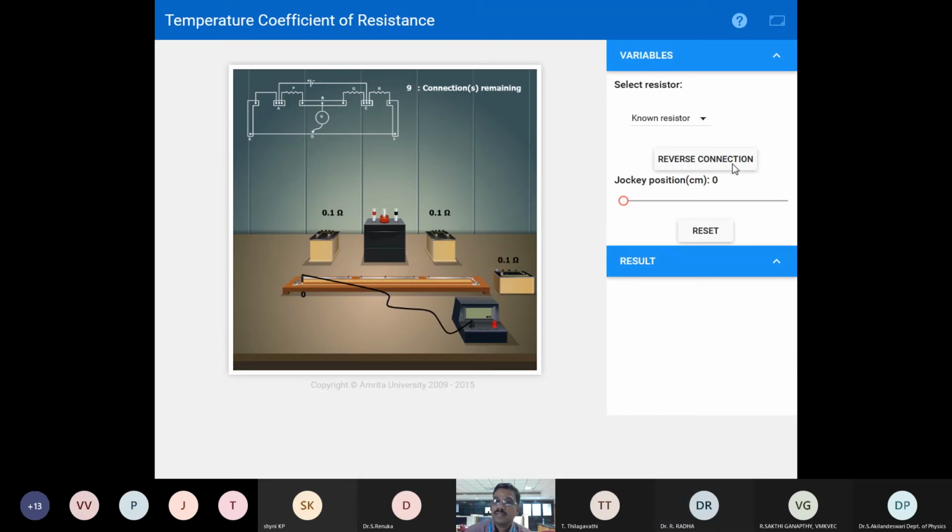So this is the second experiment, madam, temperature coefficient of resistance. The model circuit is given, but the components are separate. Now I have to give the circuit connection. These are all known resistances. I have to connect them.